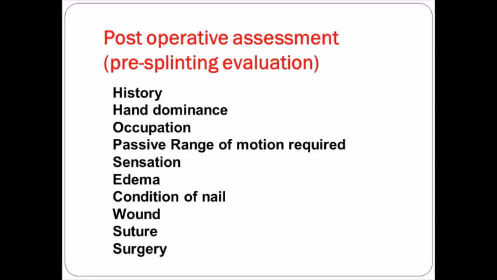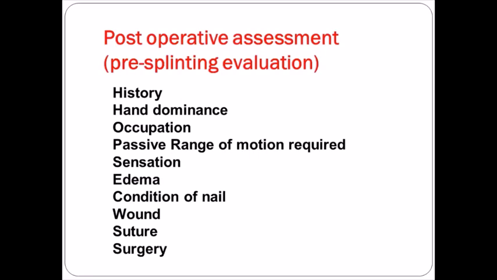Now coming to the post-operative assessment, we also call it the pre-splinting evaluation, because the patient will come with the posterior slab, and your first aim is to do a basic small evaluation, and then you will start fabricating a splint according to the patient's condition.